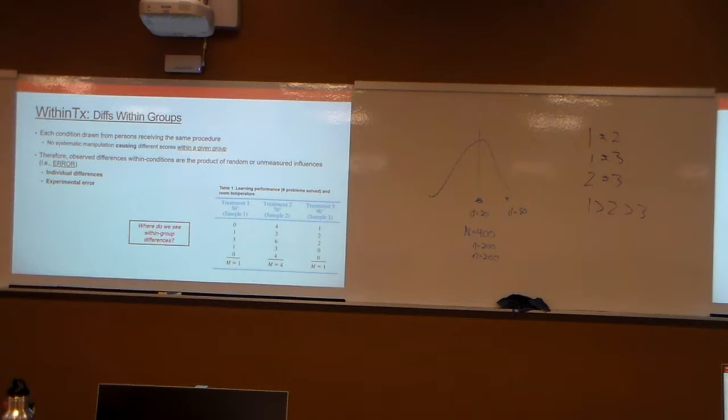Would it be, because I want to say between, but between like the treatments? Okay, so this is our between treatment variability, or the between treatment differences. Where are our within treatment differences occurring? Within the actual treatment, within each one of these, right?